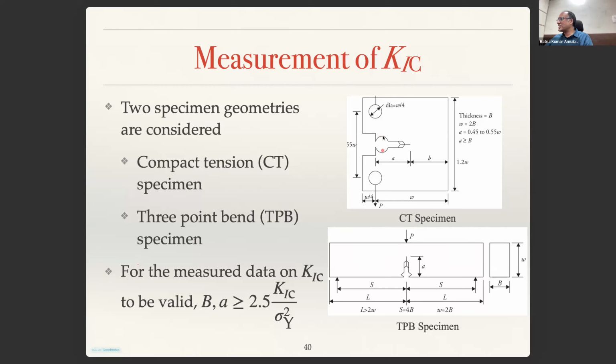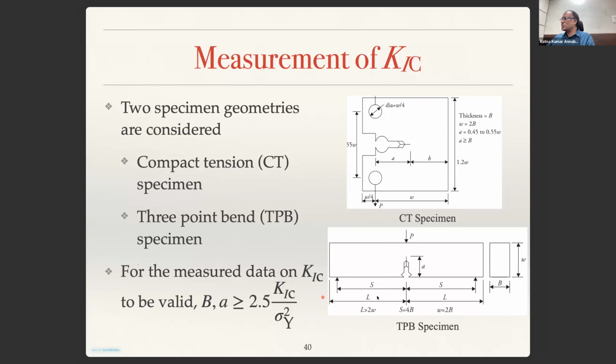Suppose if you add a strain gauge, the strain gauge gets extended, isn't it? When the load is applied in the tensile direction here and in the bending direction here, this distance increases. Then that is what we call crack opening displacement. So that is something that we can measure by keeping a strain gauge there.